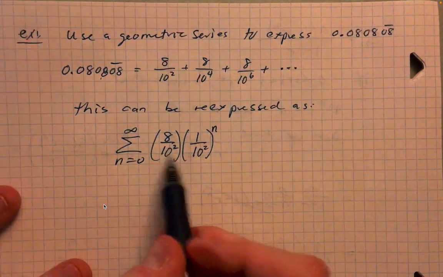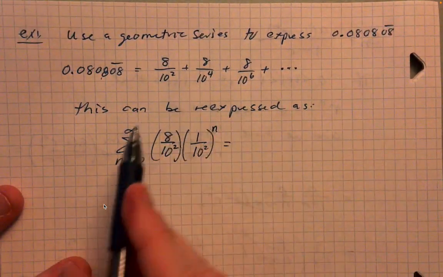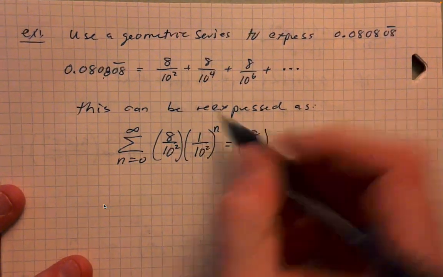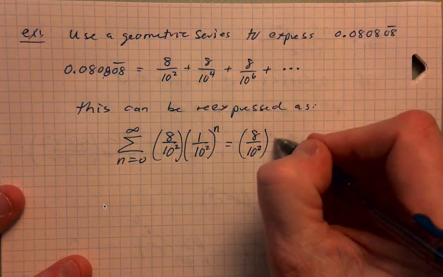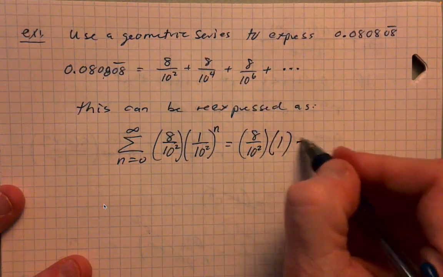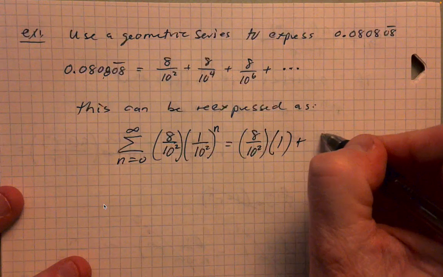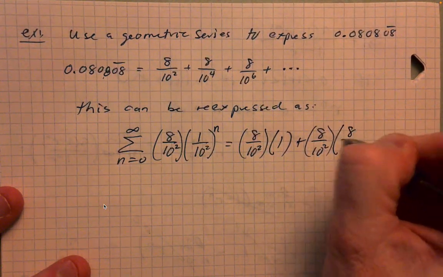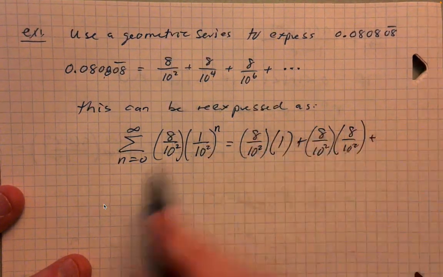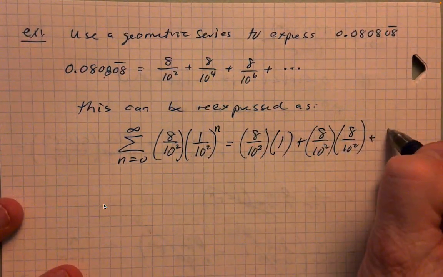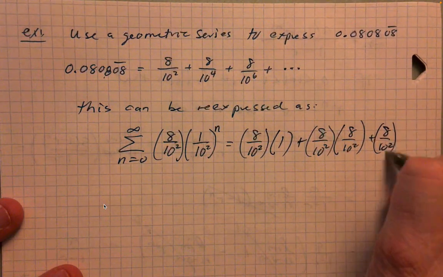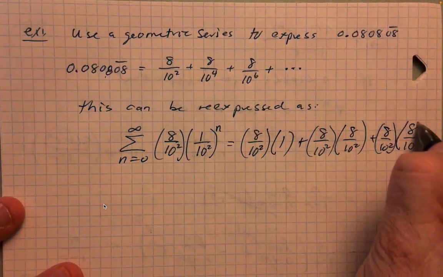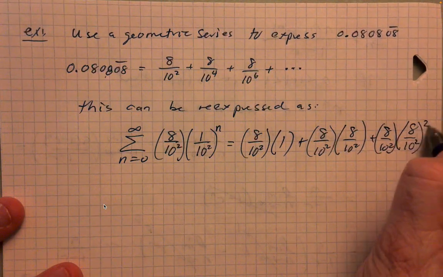Now let's write the first couple terms out. When n is equal to 0, this is 8 over 10 squared, times 1. What happens when n is equal to 1? Then it's 8 over 10 squared times 1 over 10 squared. When n is equal to 2, it's 8 over 10 squared times 1 over 10 squared, squared.